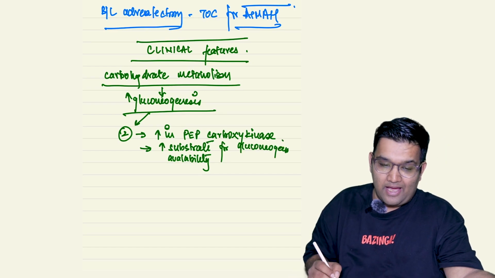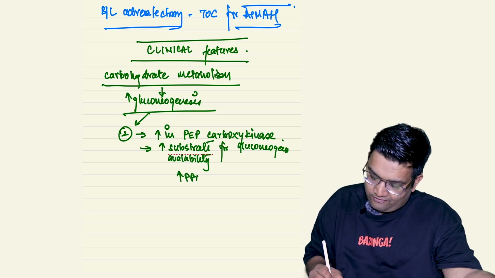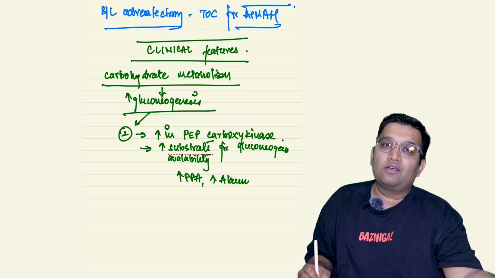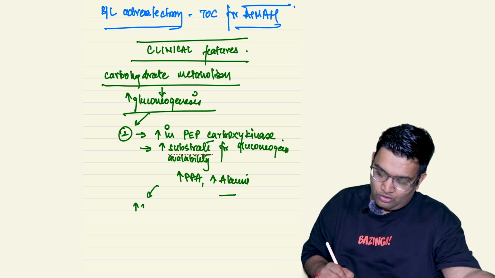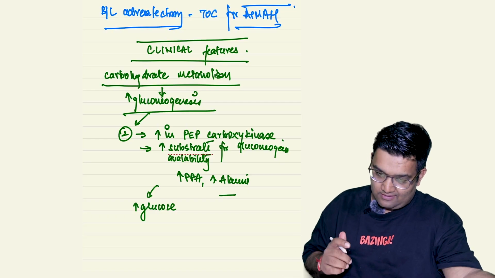This is going to occur by two means: there are increased free fatty acids as well as increased alanine. So once the substrates are there, there is going to be more glucose in the bloodstream.